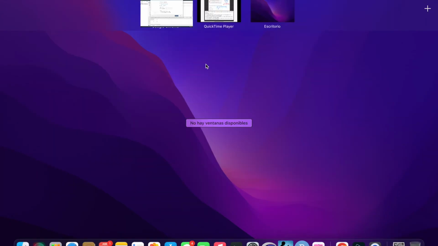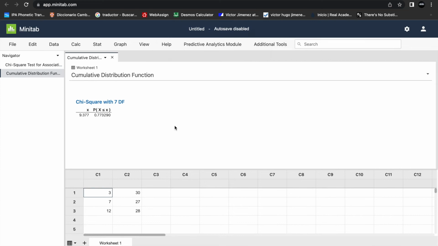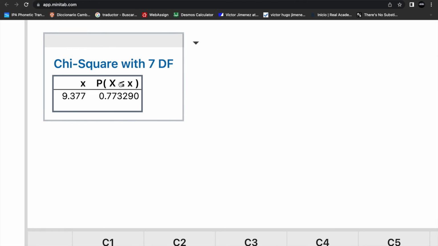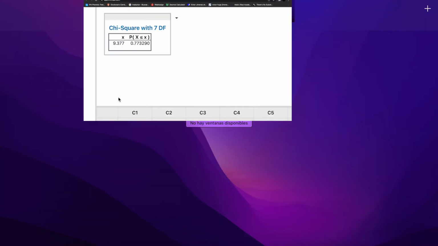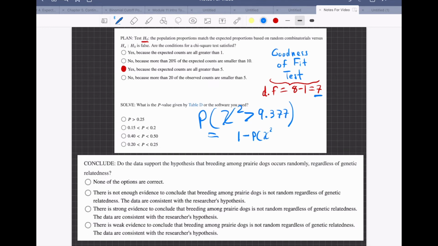And the value is what? It's 9.377. And I think that's all we need by now. Notice, you are given the probability that the distribution is less or equal than the number. But we don't want that. We want greater. So in this case, it's going to be 1 minus the probability that the chi-square is less or equal than 9.377.